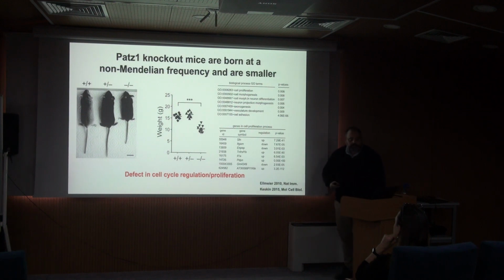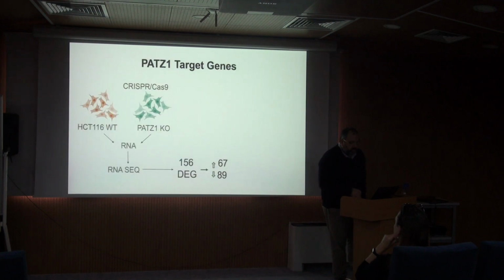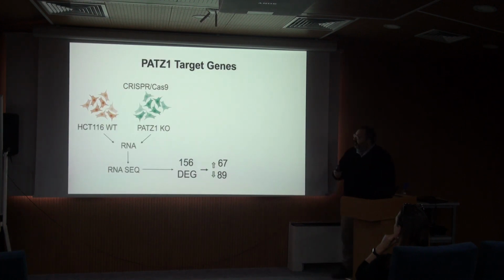In that study we realized that this protein has some important functions in T lymphocyte development and T lymphocyte function, but also in early development and in general in a ubiquitous fashion has important functions in more basic things like proliferation.